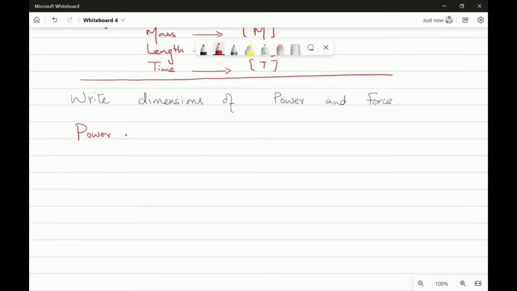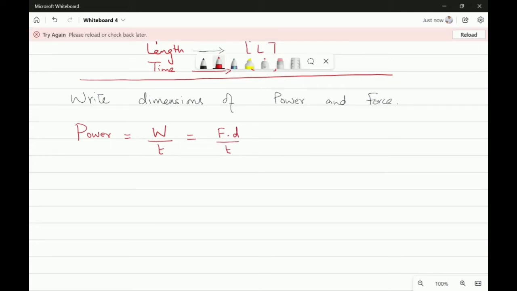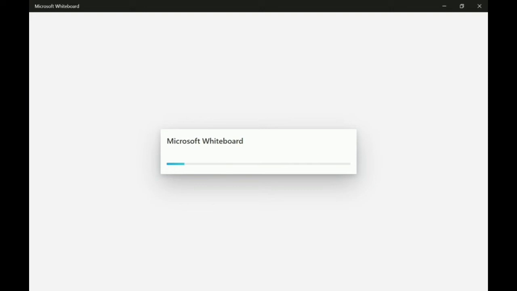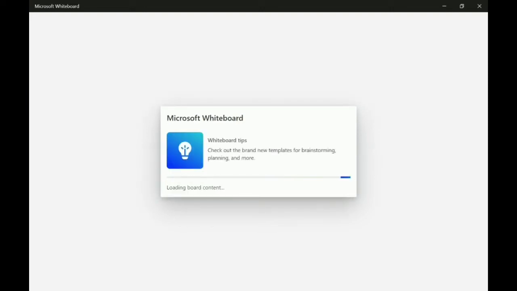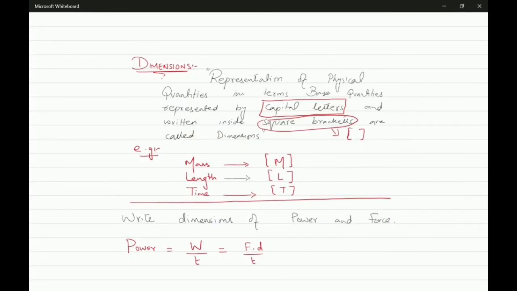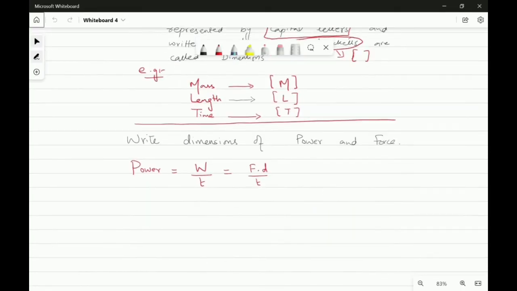So for power, you must be good at formulas and at the SI units. The formula for power is work done divided by time, and work done itself is equal to force into displacement. So power is force into displacement divided by time, and we must be good at their respective SI units.